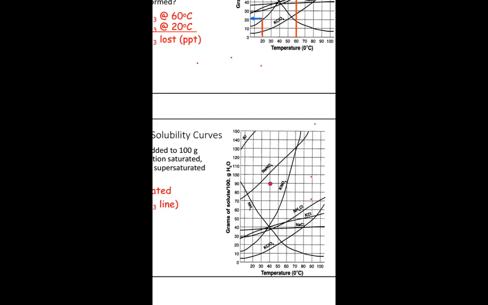Can you see the curve of KNO3? Is the plot above, below, or on the KNO3 curve? It's above. So is it saturated, unsaturated, or supersaturated? Supersaturated. That's how easy it is. You got that? Thank you, sir.